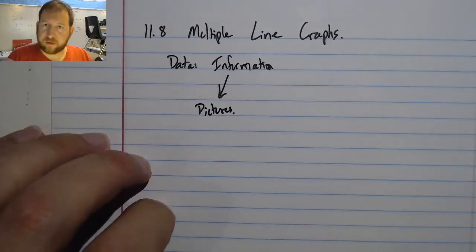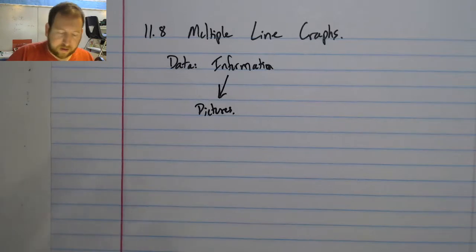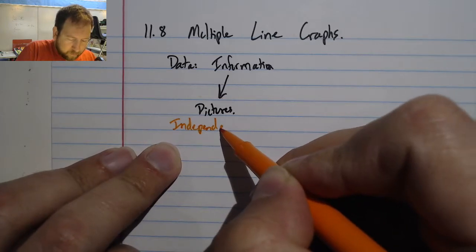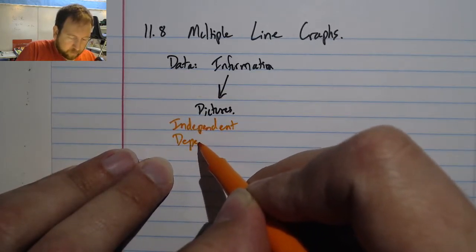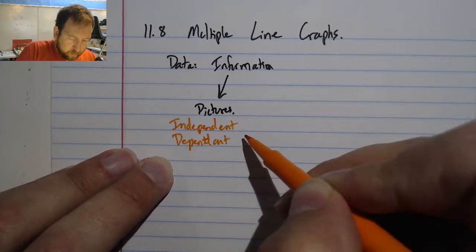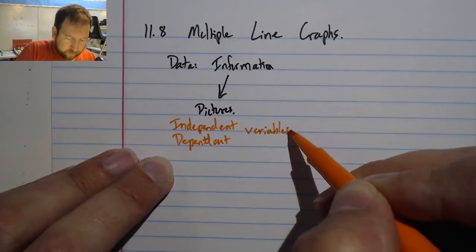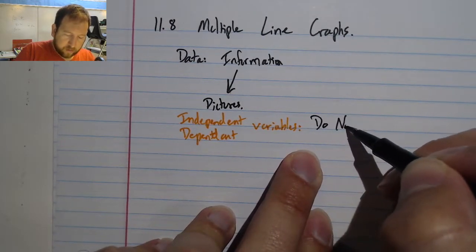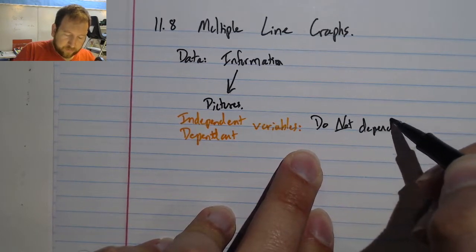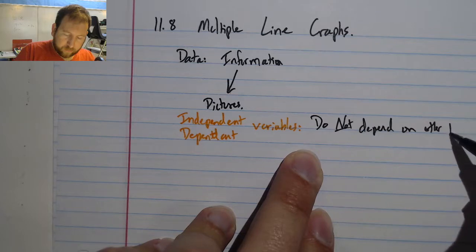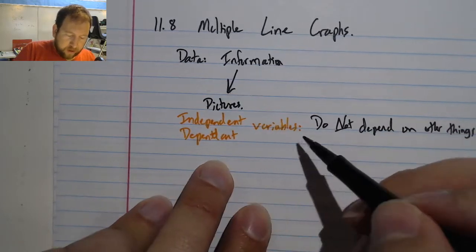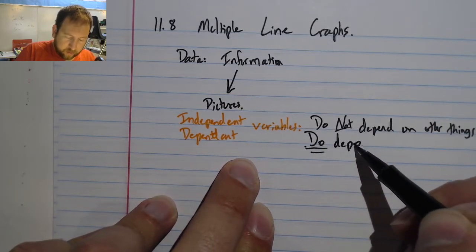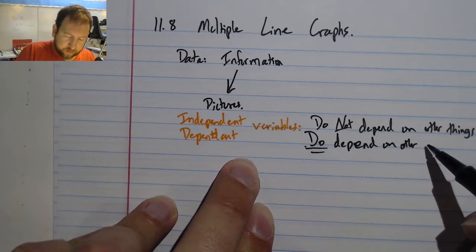And one of the pictures we can use is a multiple line graph. And we're going to be looking again at independent and dependent variables. And recall that independent variables do not depend on anything else, and dependent variables do depend on other variables.